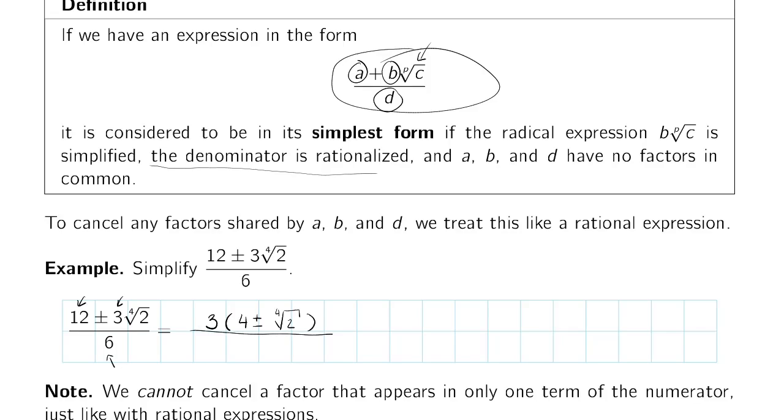In the denominator, I'm also going to factor out a 3, right? That's 3 times 2. The 3's cancel, and I'm left with 4 plus or minus the fourth root of 2 all over 2.